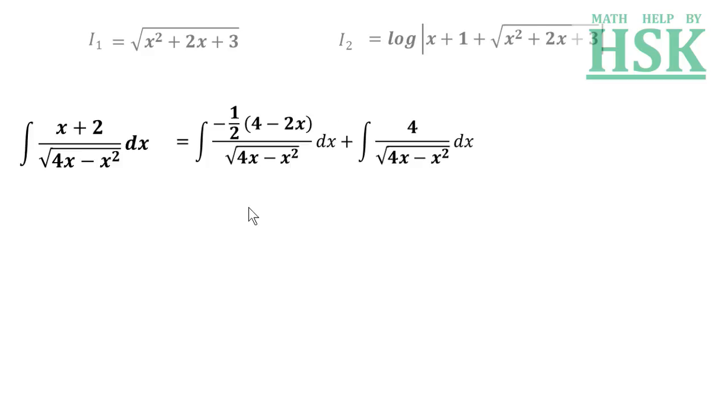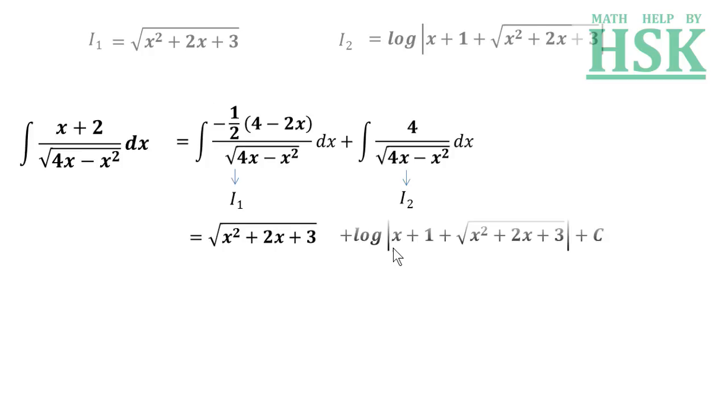This was written as equal to two integrals I1 and I2. Replacing the value of I1 and I2 as square root of x squared plus 2x plus 3 plus log of x plus 1 plus square root of x squared plus 2x plus 3 plus c, I get the required answer. So this is how I'm going to solve this question.